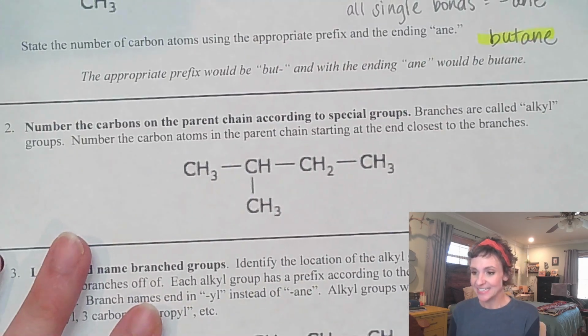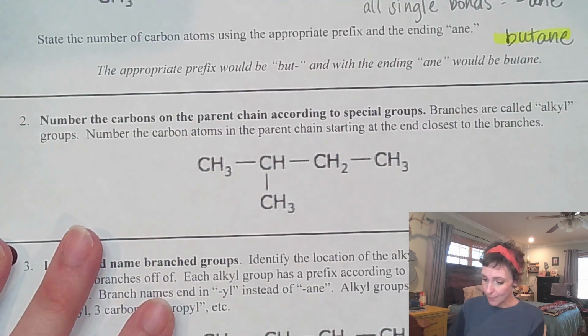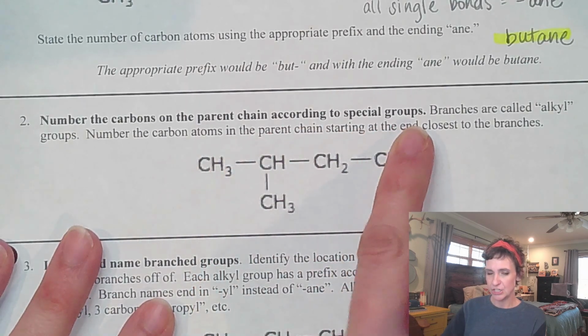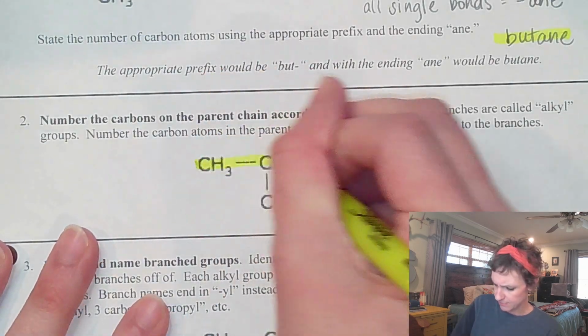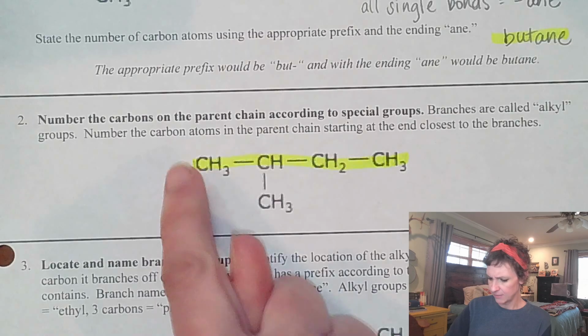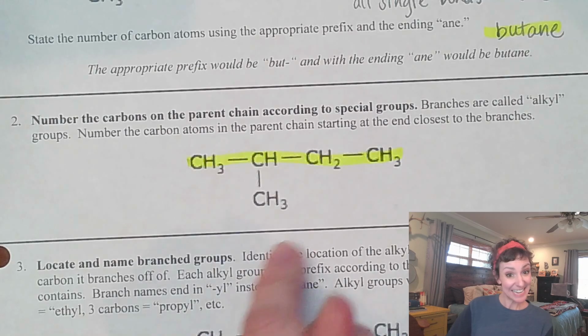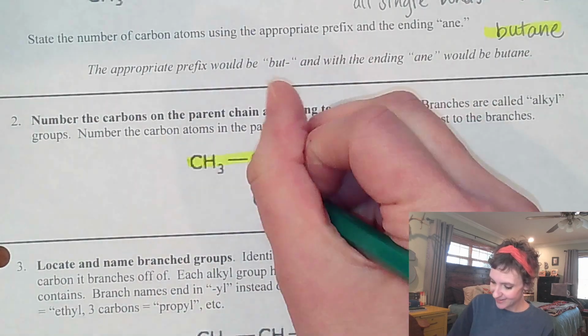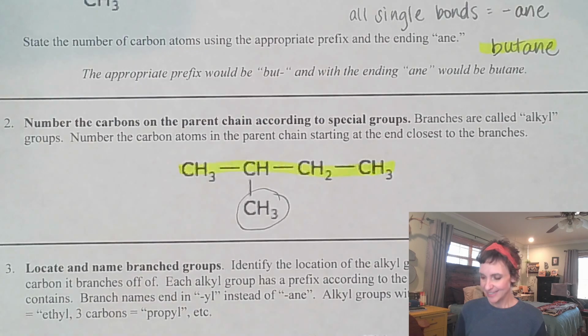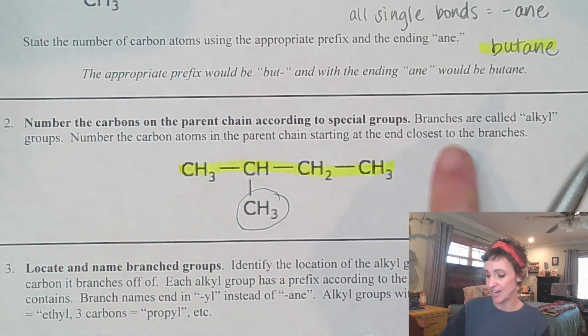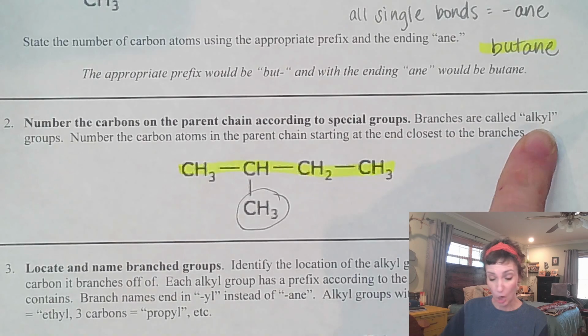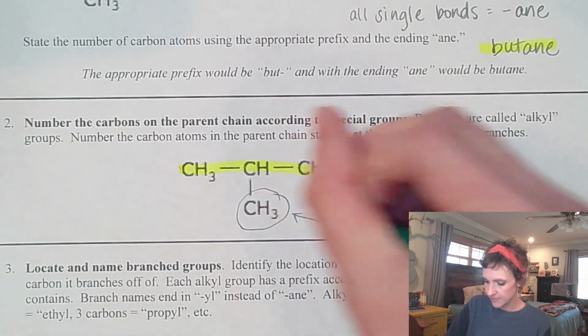Okay, so the next step, it says you're going to actually number the carbons on the parent chain according to your special groups. Well, here's my parent chain. And now she's wanting me to number 1, 2, 3, 4 or 1, 2, 3, 4. It's going to be according to, say hello to a special group. Hi, special group. This special group or this branching is called an alkyl group.